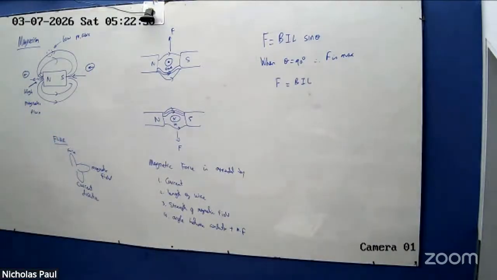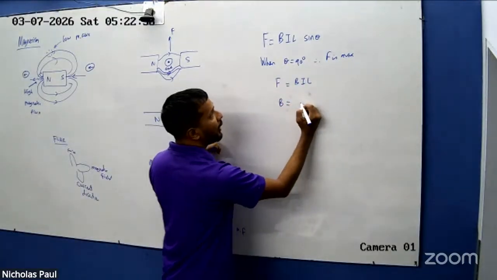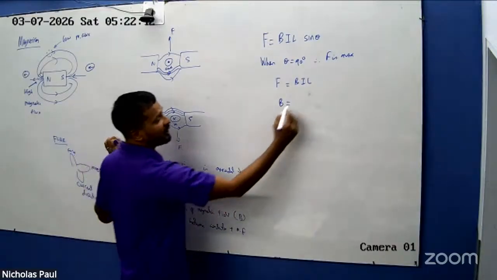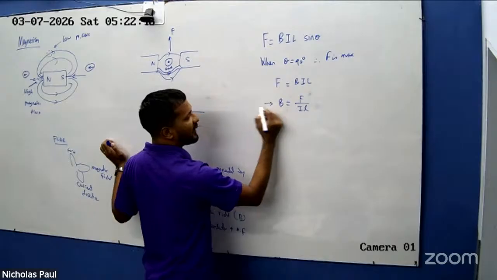So from this, can we make up a definition for B? B has to do with the strength of the magnetic field.